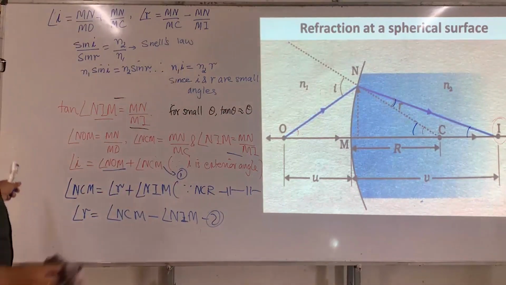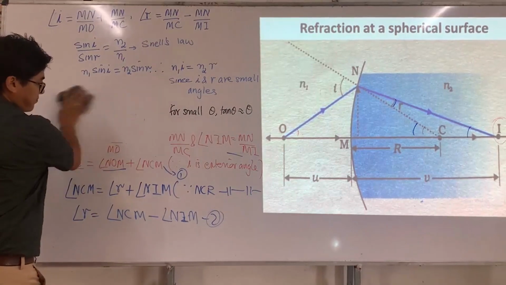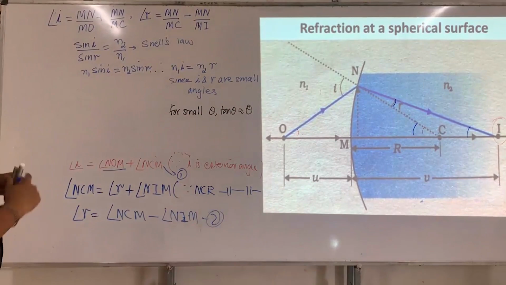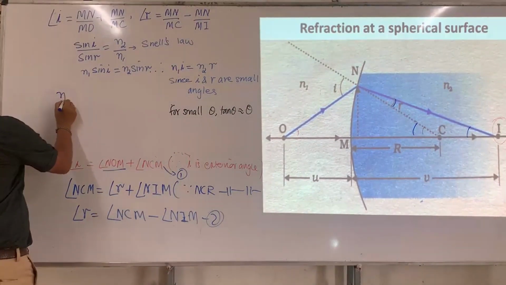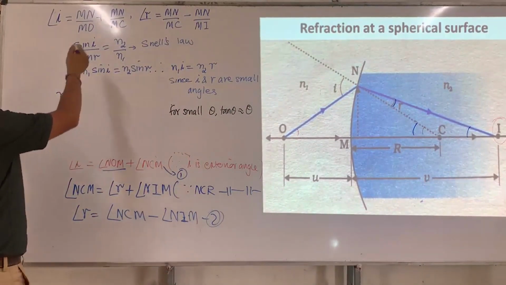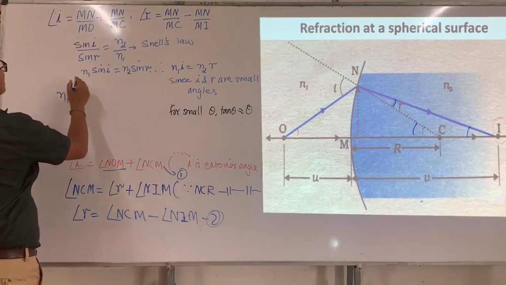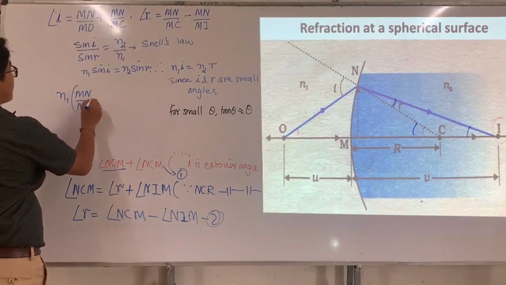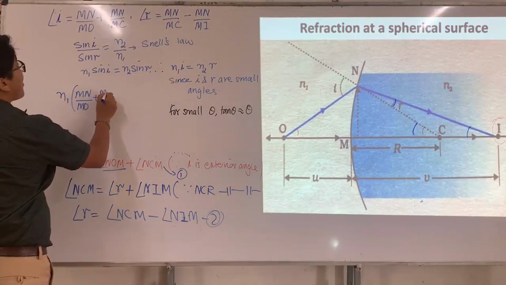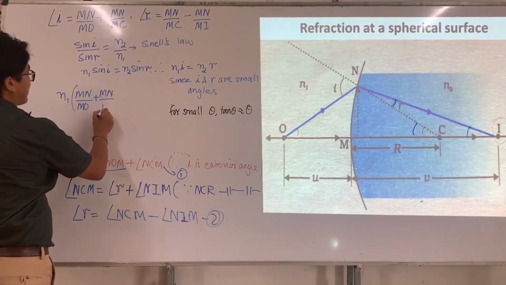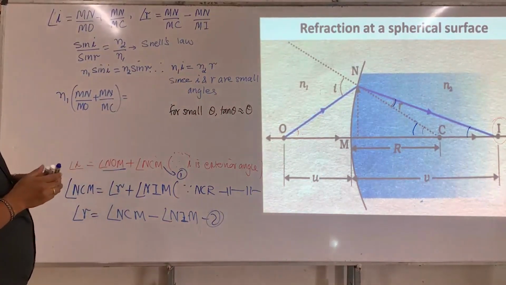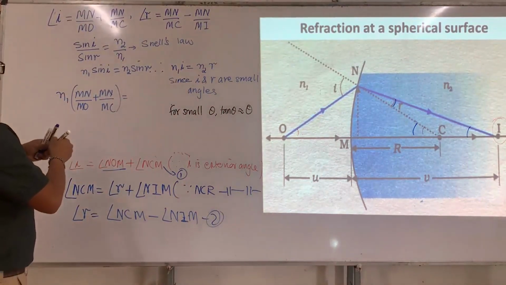Alright, substitute. Now I will do a substitution. So N1, what is I? I'm going to put here MN divided by MO plus MN divided by MC equal to N2, then what about R?